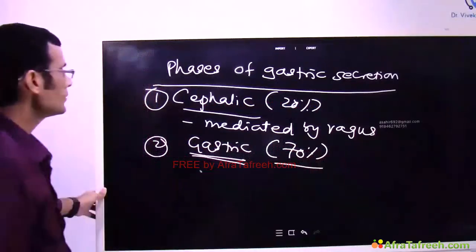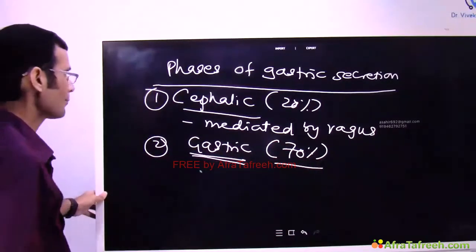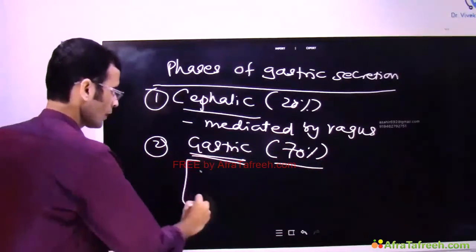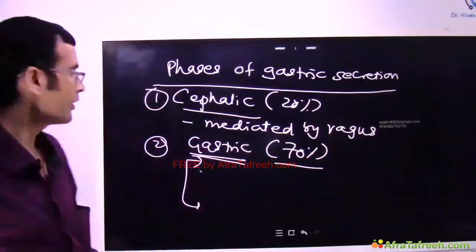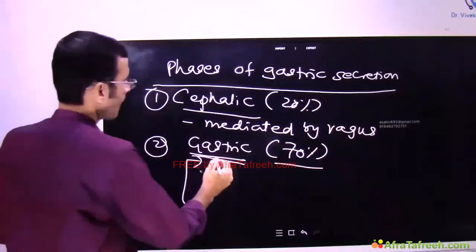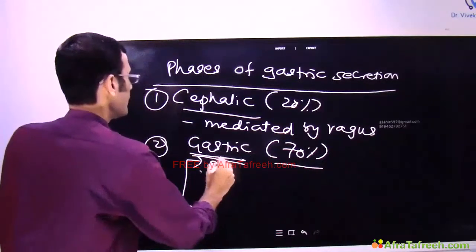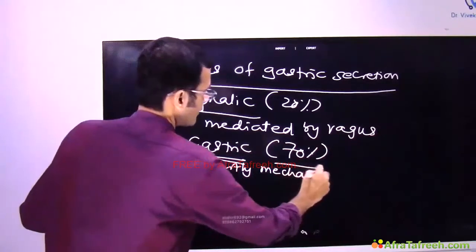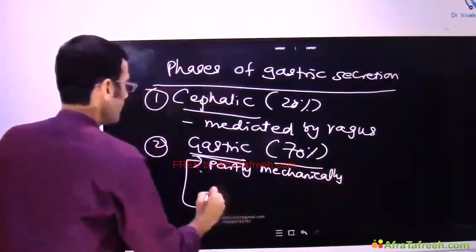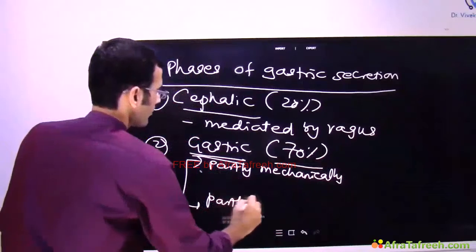Second, the gastric phase of gastric acid secretion. 70% of the total secretion occurs in the gastric phase. When food is actually eaten and goes into the stomach, there will be gastric acid secretion. This is mediated partly mechanically, as I described earlier, and partly chemically.